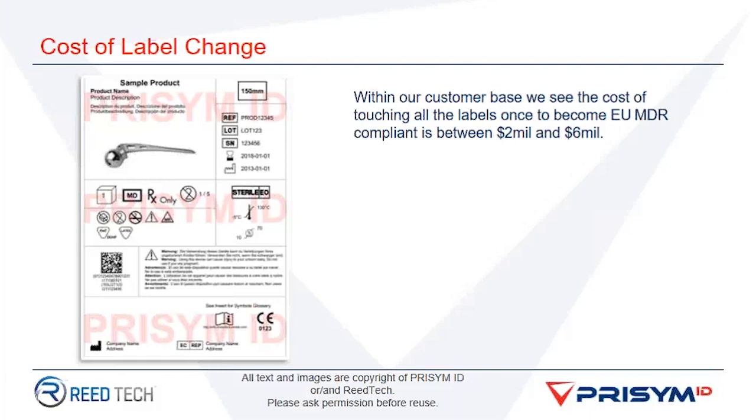Just do it the once, which is the touch once terminology that they refer to. So the change is you're going to have to touch your labels for the EU MDR regulations. So if you're going to have that pain anyway, use that as an opportunity to replace your system with an up-to-date system that will support you for a good number of years to come and be on validated, supported platforms.